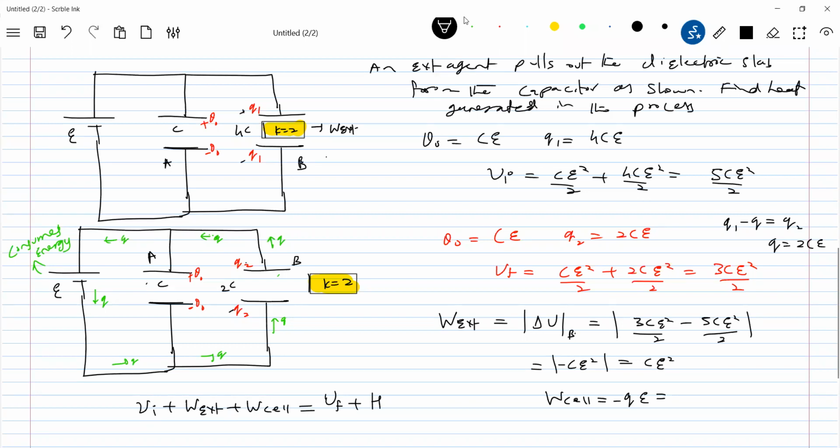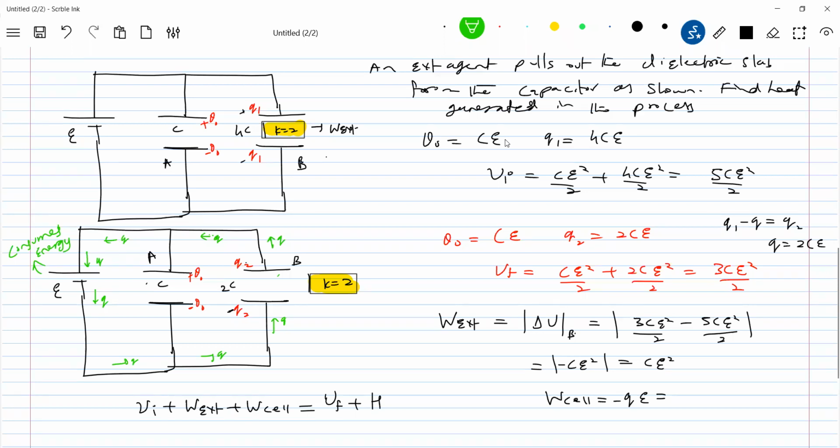It has left the positive plate of the capacitor. The positive charge enters the positive terminal, so the cell does negative work.